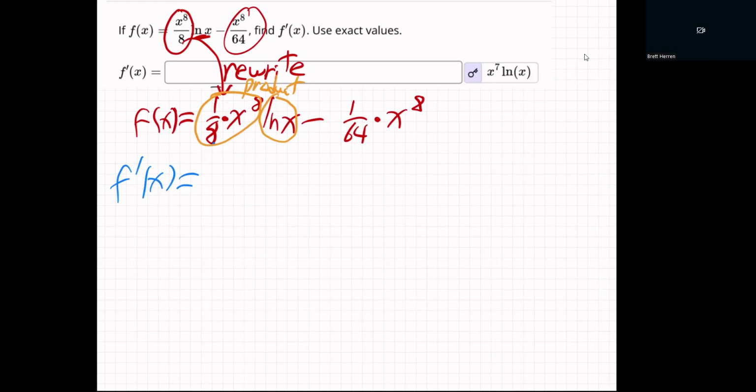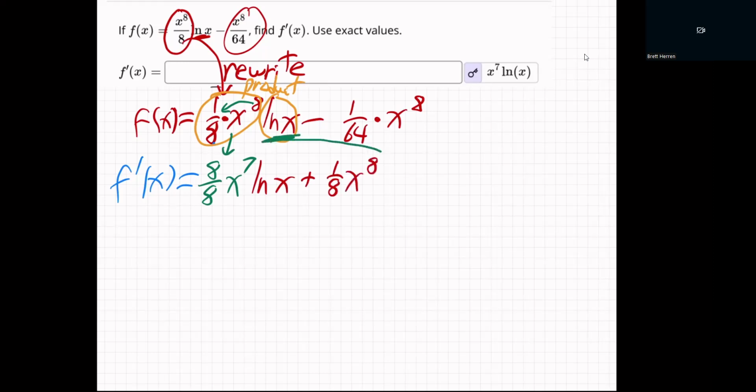So take the derivative of the first part. The 8 comes down, and it's going to go right to the top, 8 over 8, x to the 7th. That makes sense. And then the natural log of x is just sitting there, because product rule means they take turns. So I took the derivative of the 1/8 x to the 8th, and the ln x is just sitting there, plus the 1/8 x to the 8th is just sitting there.